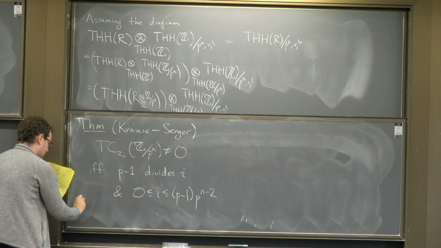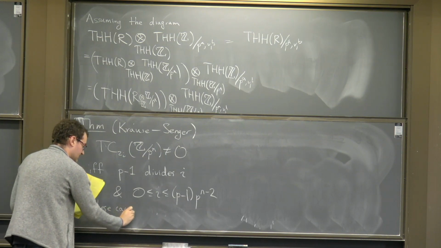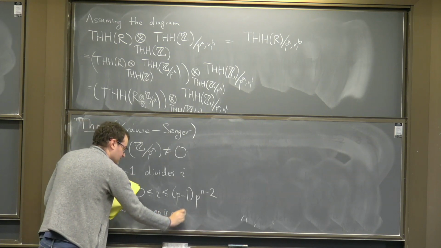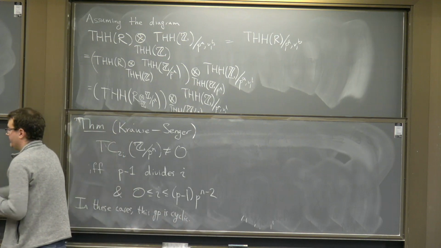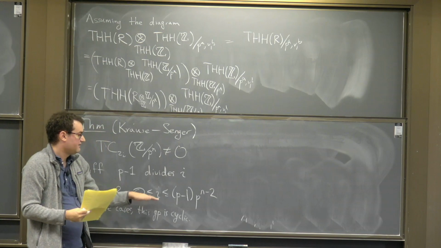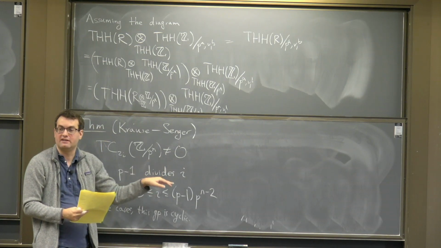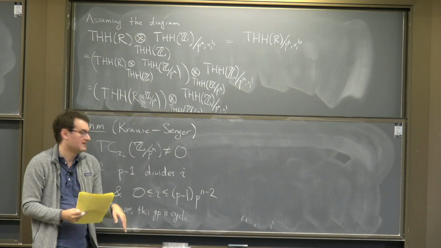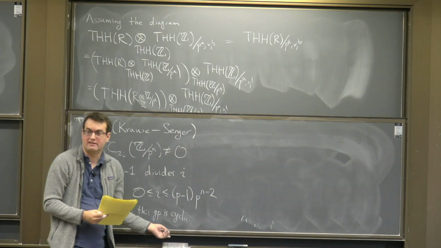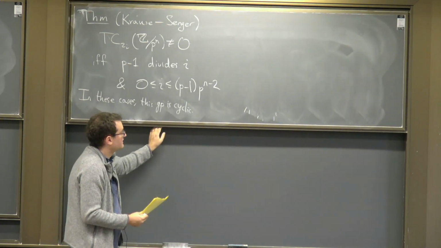And in this case, this group is cyclic. So the only thing compatible with our formulas here and their explicit information is that the even groups are non-zero exactly in these specific finite number of degrees, no more, no less. And in fact, those even groups that don't vanish are all cyclic. So that's one thing.